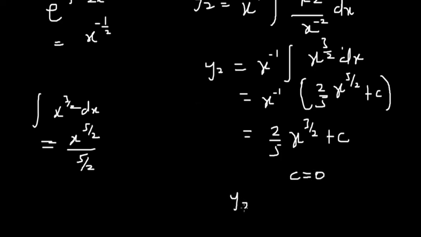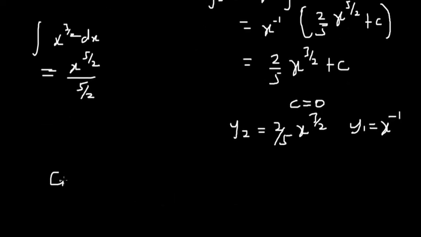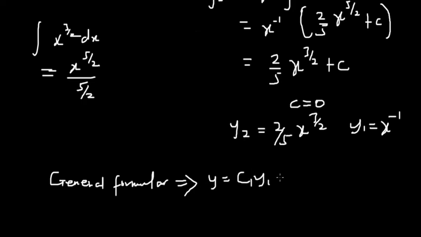So now our y2 is equal to 2 on 5, and then we have x exponent 3 on 2. So this is y2, and then we know that y1 is equal to x exponent minus 1. So in conclusion, we could just write the general formula, which is y equals c1 y1 plus c2 y2.